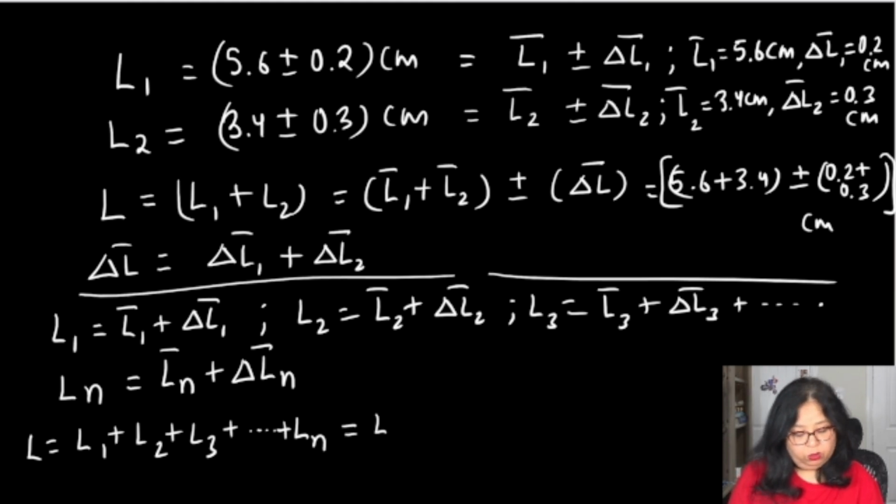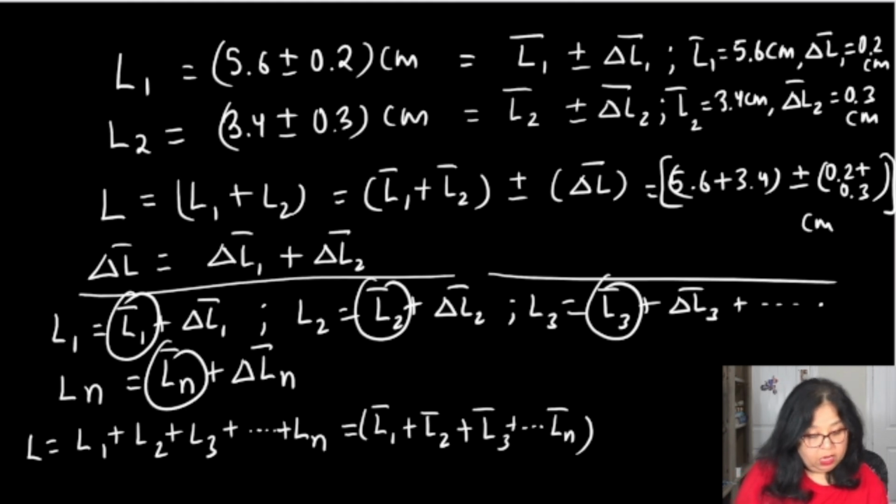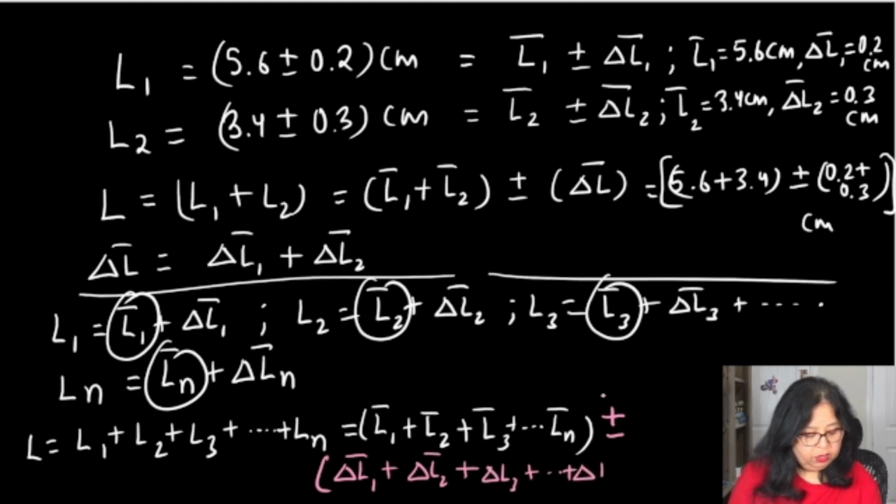This is going to be equal to L1 bar, so this first value, plus L2 bar, this one, plus L3 bar here, plus so on till you get to Ln bar. Uncertainty would be plus minus, I'll write down here, delta L1 bar plus delta L2 bar plus delta L3 bar, and so on till you get to delta Ln bar.